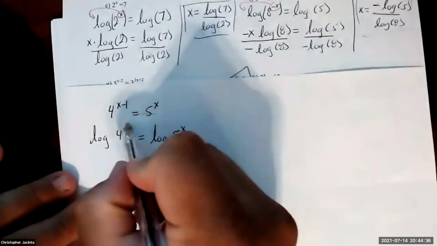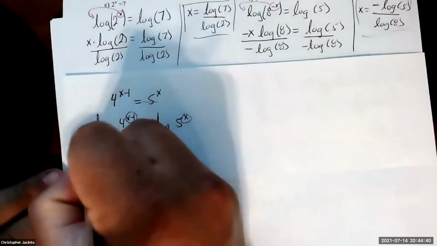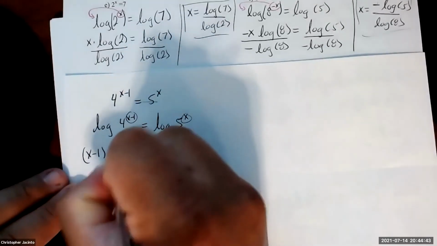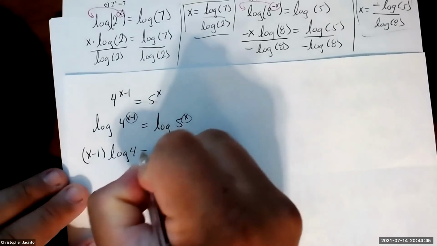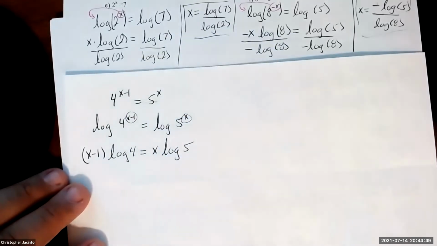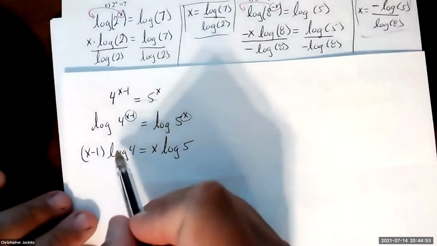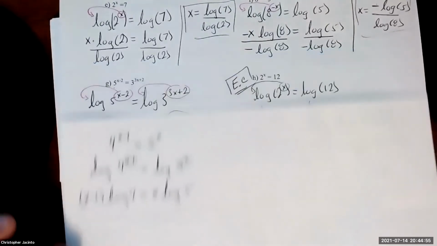Same thing, we're going to use our power rule, just like we did here. Now notice here, we don't have to distribute, but this one we still do. So it's about half of the work you have to do here.